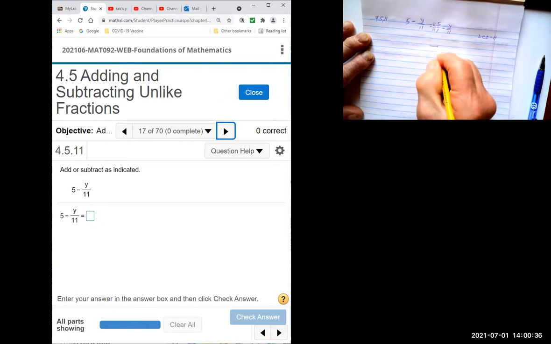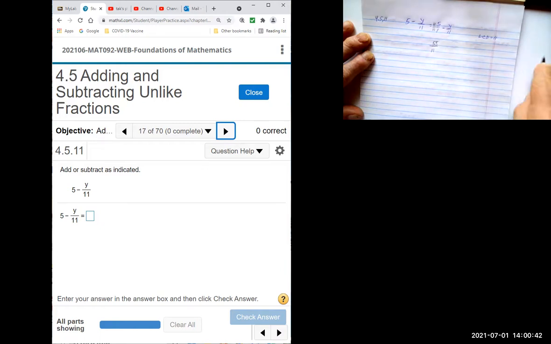So the denominator becomes 11, which is what I want, and the numerator becomes 55. The second fraction, we don't have to do anything to, so it's just y over 11. Keep the denominator 11 and subtract y from 55. They're unlike terms, so we can't physically do the subtraction. It's going to be 55 take away y, all over 11.